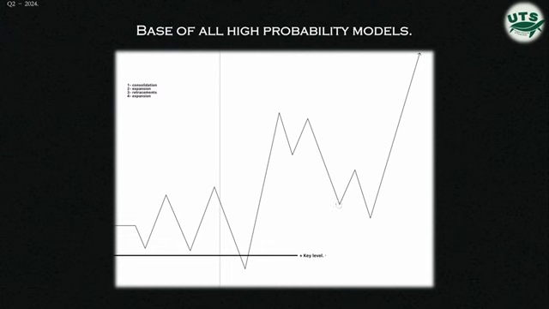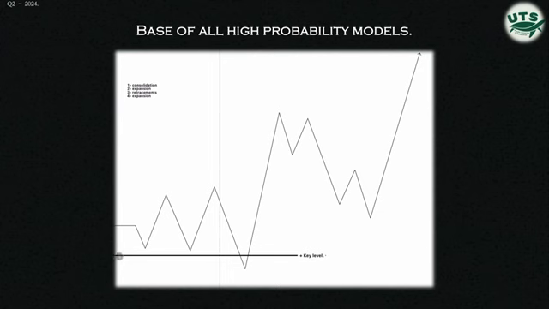Before delving into the models, here's the base of every single high probability model. It's a consolidation, turtle soup, expansion, market structure shift, a true market structure shift, which happens in the form of a consolidation, expansion, retracement, and expansion.